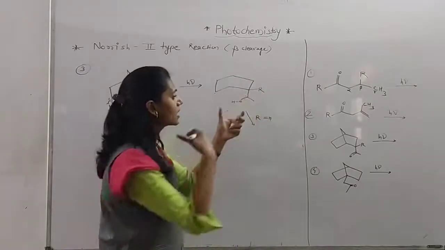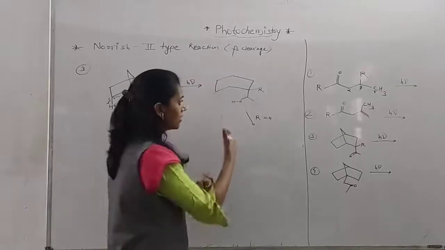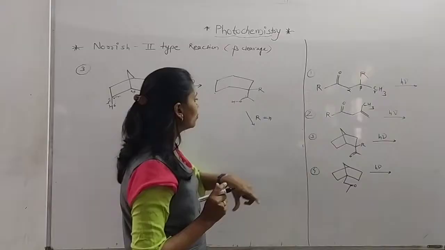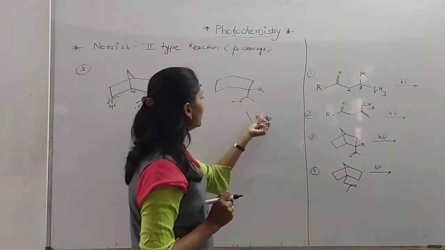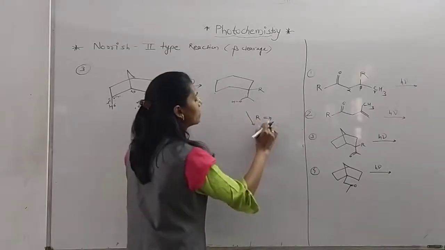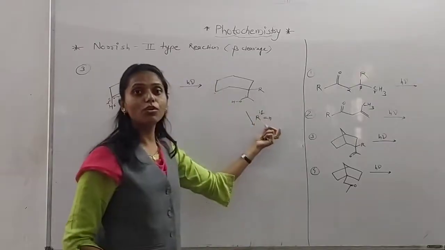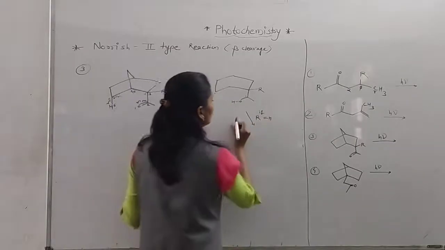But if the example is changed in the exam or anywhere, then you must know what we do here. So I have written here R equals H. What we have done here, we go through the Norrish type 2.